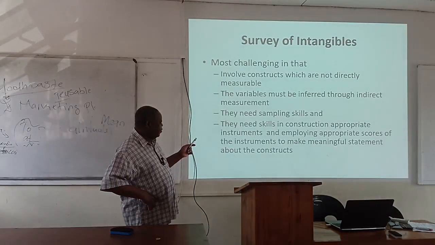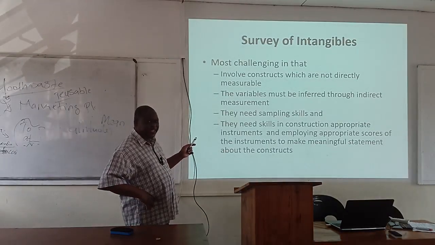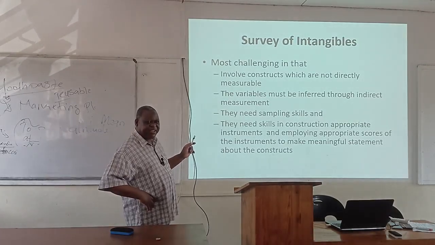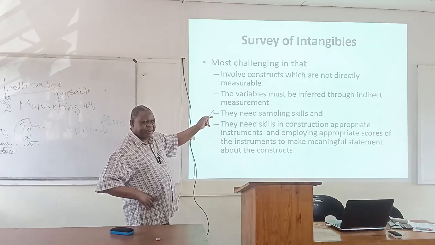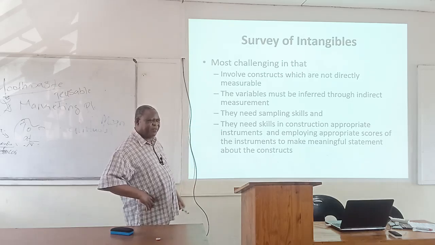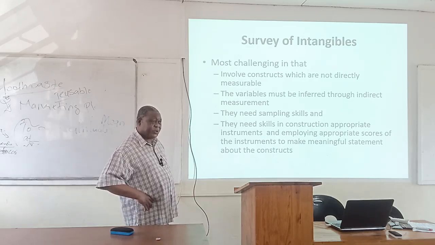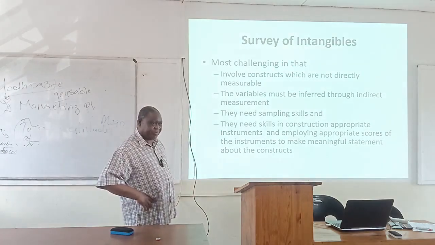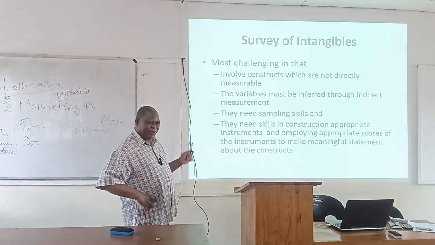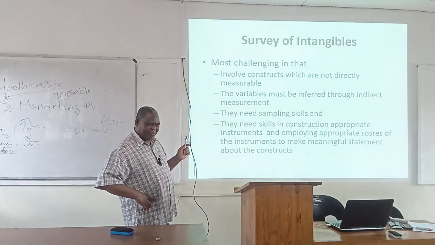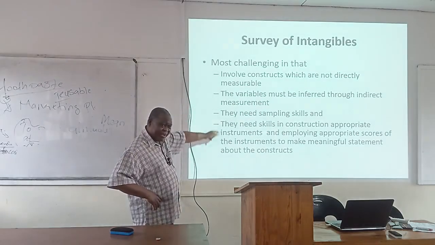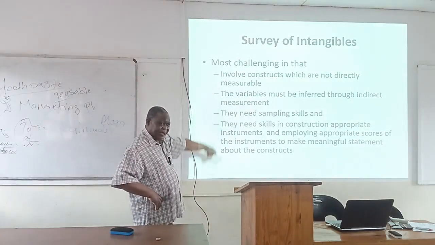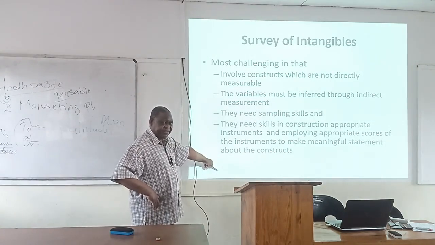And to be able to say these measures are the right measures for assessing the variables I'm interested in, you have to assure us of how valid they are. The area I want to talk about is validity when we're talking about data collection instruments. The issue of validity becomes very important when you are dealing with variables of this nature.